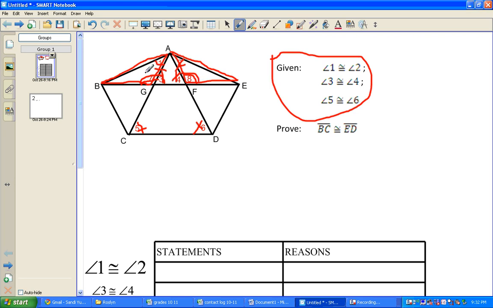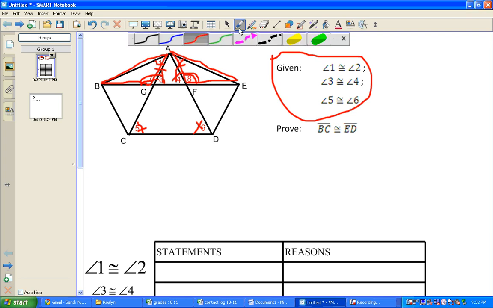Then, as we can see, this triangle ABG and this triangle AEF are congruent to each other by angle-side-angle postulate. Now, those are the pieces of information which you can get from the given.